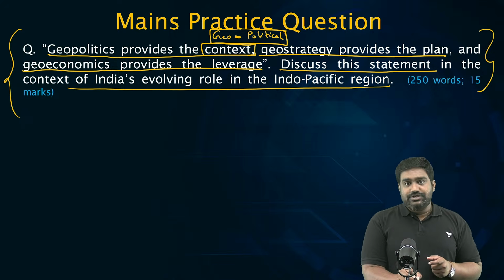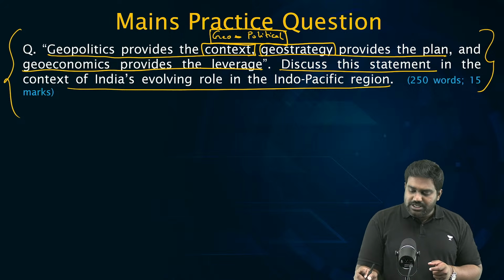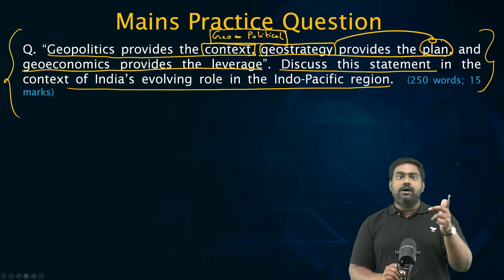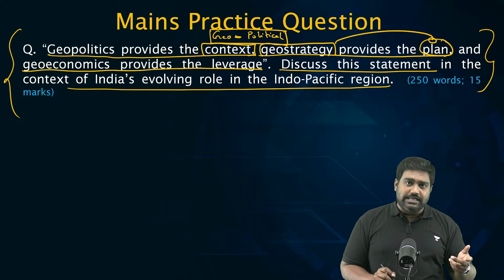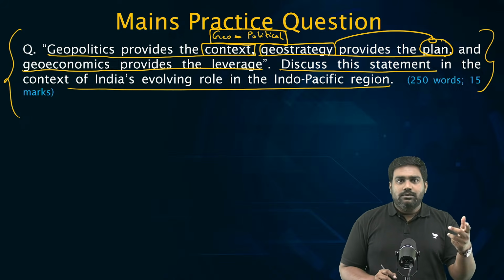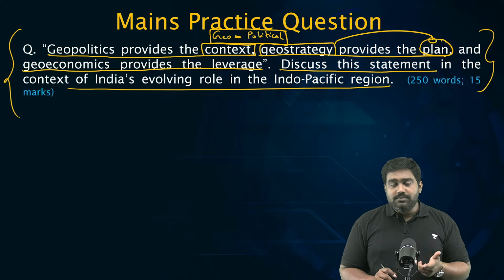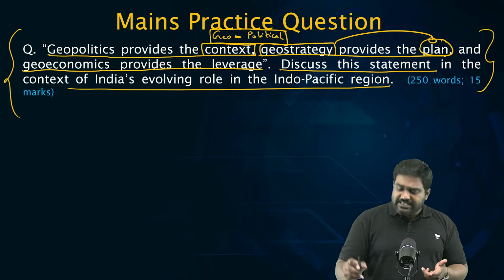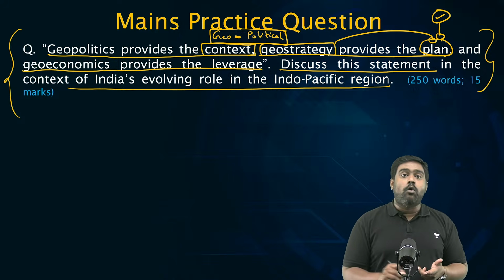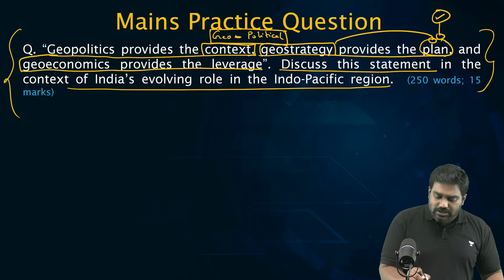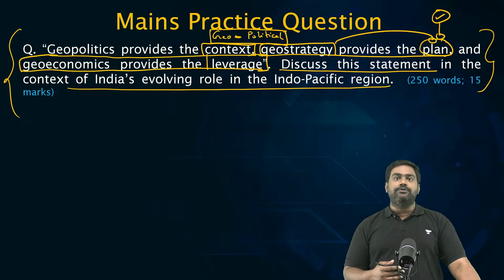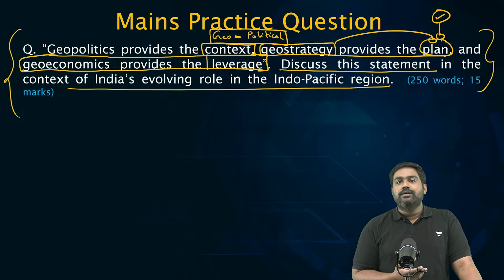Using this context, you come out with a geostrategy, with a plan, like India's Chabahar port. First, we understood the geography of Pakistan and Afghanistan. We understood the political and foreign policy problems we had, and we strategized and we came out with a plan, which is Chabahar port, which is your geostrategy. Then geoeconomics gives you that economic influence, the leverage over another country. That's what the statement means, right?